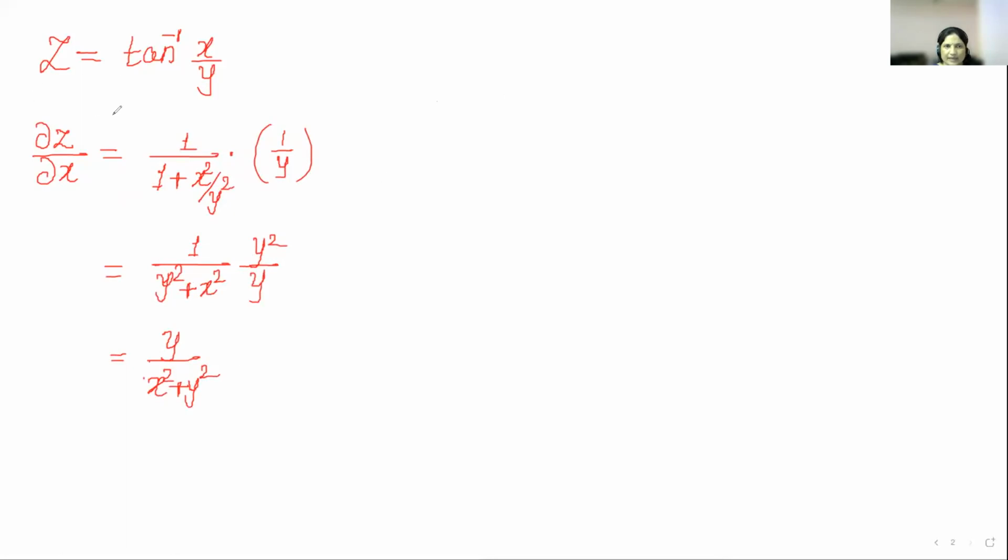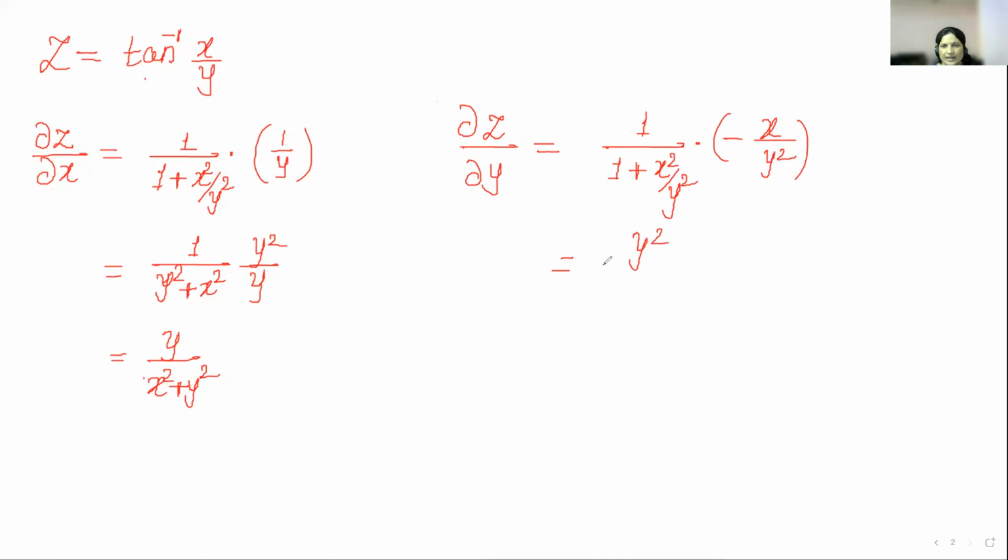Now taking the derivative of this function with respect to y. So ∂z/∂y is equal to 1 divided by 1 plus x square divided by y square, into the derivative of x upon y with respect to y. It is minus x constant, derivative of 1 upon y is minus 1 upon y square, which is equal to y square divided by x square plus y square, taking the LCM, into minus x upon y square.